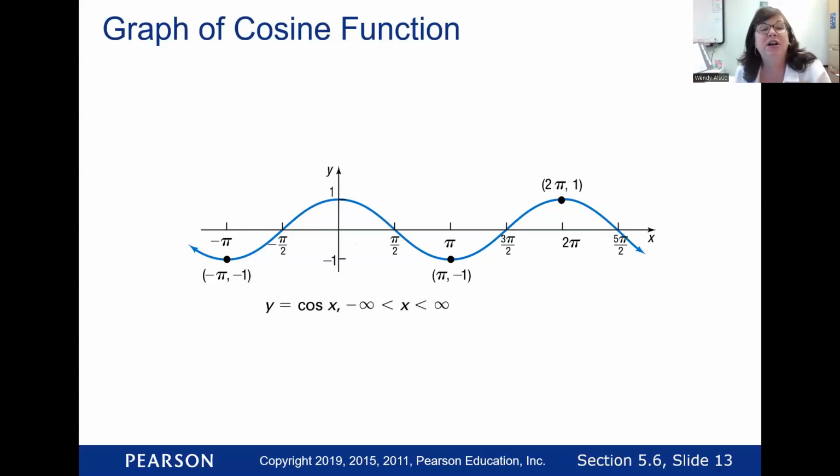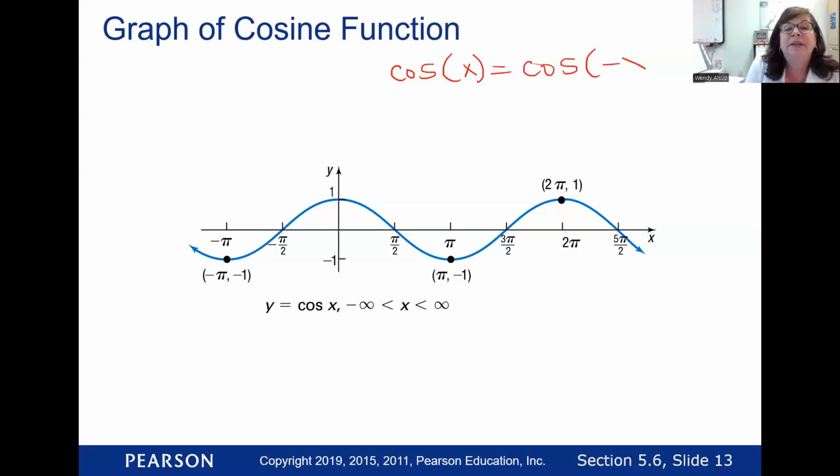Now, is it even or odd? Well, look here. This one is even. The definition of an even function is that the cosine of x will equal the cosine of -x. That's true.